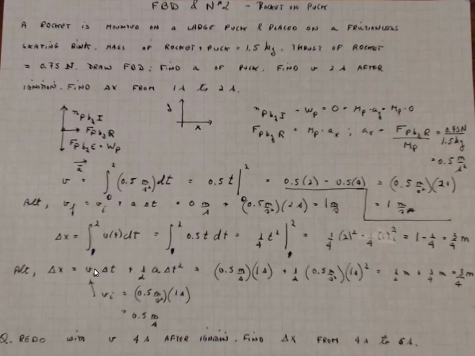So we have 0.5 meters per second times 1 second, that's our delta t, plus 1/2 times the acceleration, 0.5 meters per second squared, times 1 second squared. The first term gives me 1/2 a meter. The second term gives me 1/4 of a meter. 1/2 plus 1/4 is 3/4 of a meter. Again, consistent with our calculus answer.